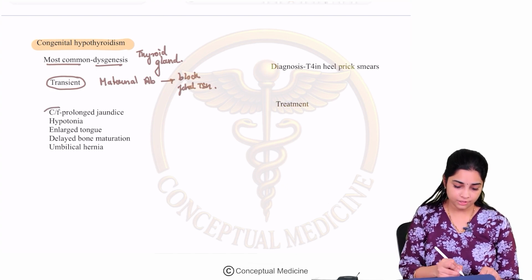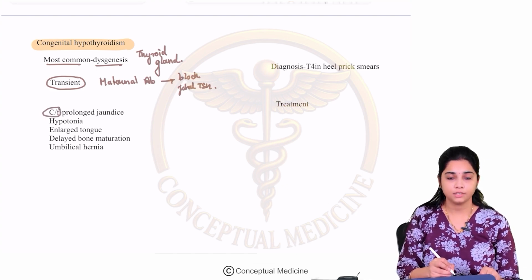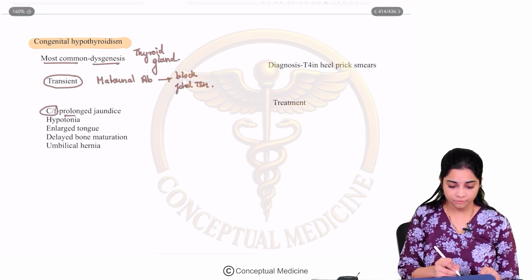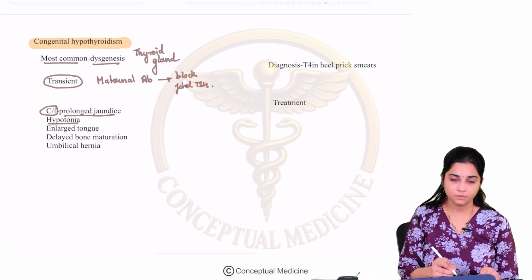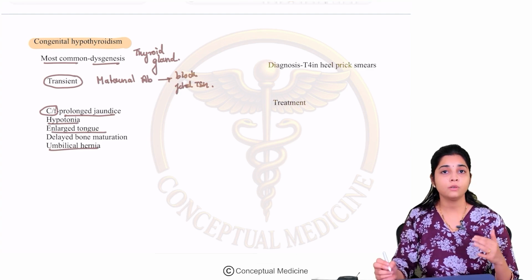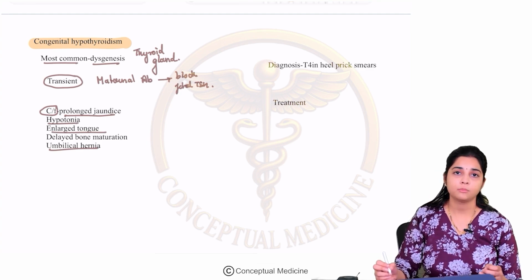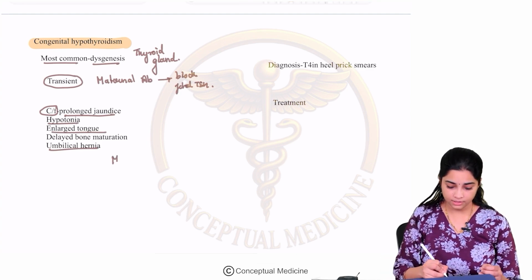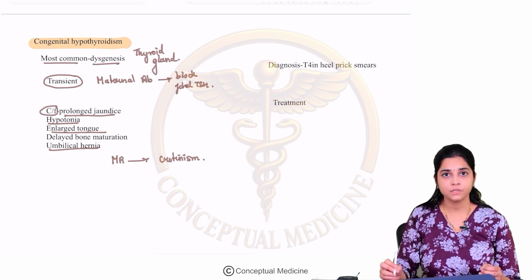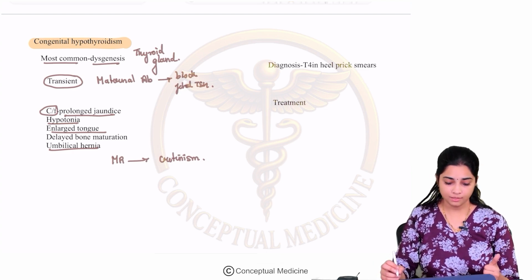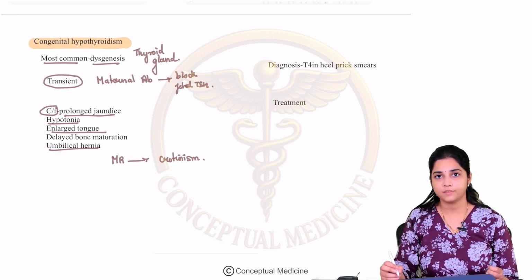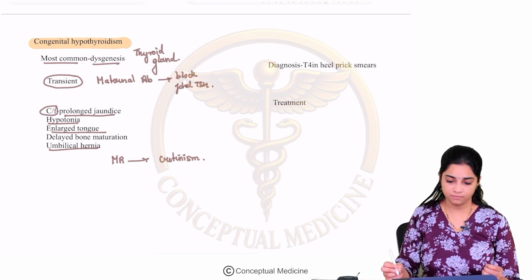What are the clinical features of congenital hypothyroidism? The child is going to have prolonged jaundice, hypotonia, enlarged tongue, umbilical hernia, right? Over a long course of time, congenital hypothyroidism can also result in mental retardation, what we call cretinism.